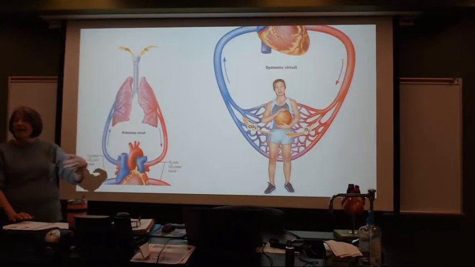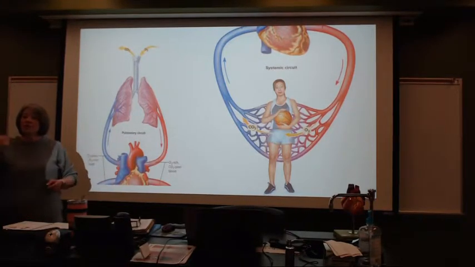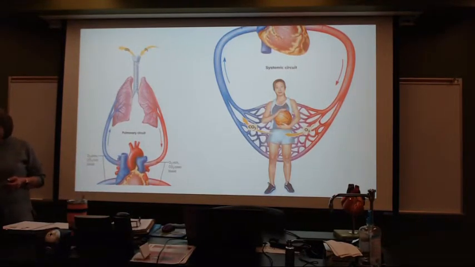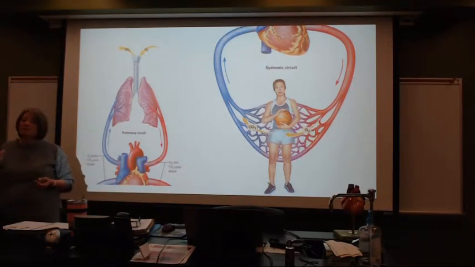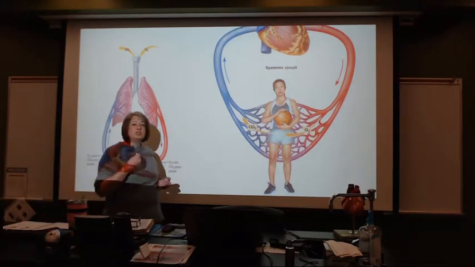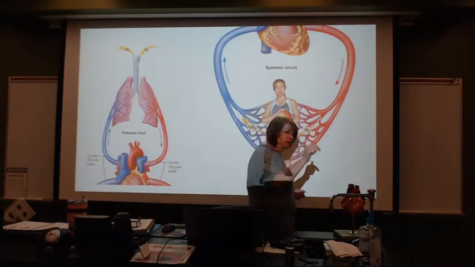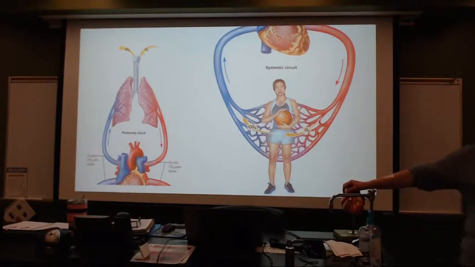When we look at the heart and where it's placed, how the blood is going to flow, from the right side of the heart, blood moves to the lungs. That is our pulmonary circuit. It's going to return to the heart on the left side, and from there go to all the rest of the body.